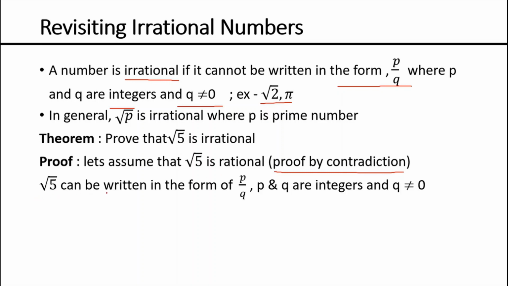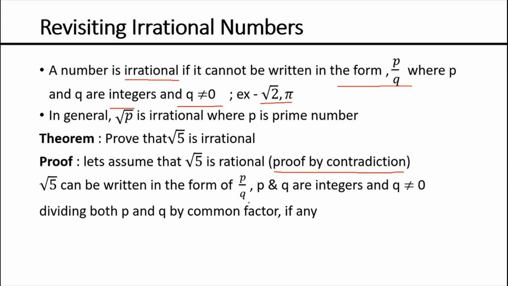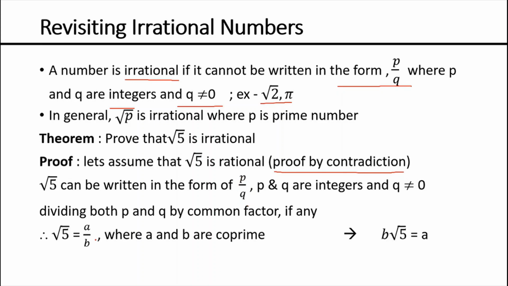Square root of 5 can be written in the form of p by q. If we have assumed that square root of 5 is rational, we can write it in the form of p by q. Again, let us assume that there is a common factor in both p and q, and if we divide both p and q by the common factor, we can get square root of 5 is equal to a upon b, where both a and b are co-prime.